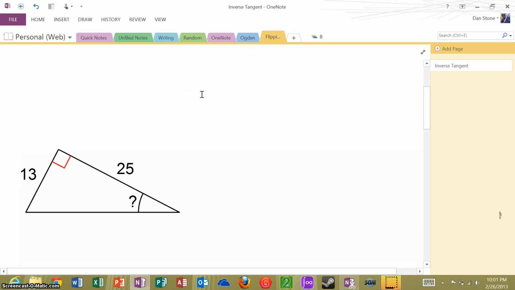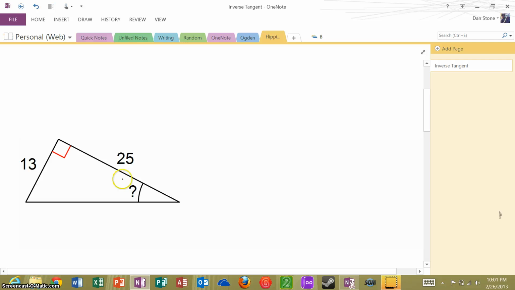So let me set this up. Let's call this guy down here theta. And we know that the tangent of theta is going to equal our opposite, all the way to the other side here. Opposite's got to be 13, 13 over 25, our adjacent.